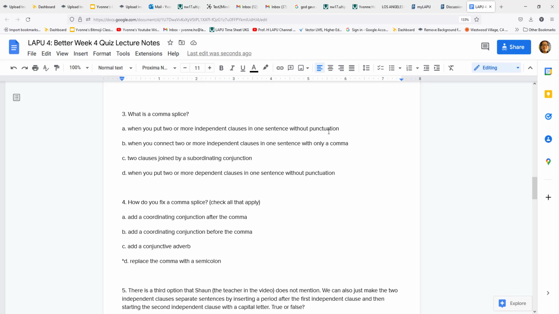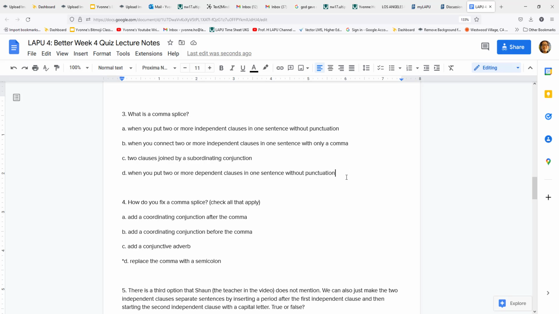Okay, so the first one is known as a run-on sentence. When you join two sentences together with no punctuation, that's a run-on sentence. But if you join two sentences together with a comma, that's known as a comma splice. So to make it clear, there is a difference between a run-on sentence and a comma splice. When we have a run-on sentence, we simply have two sentences that come together.